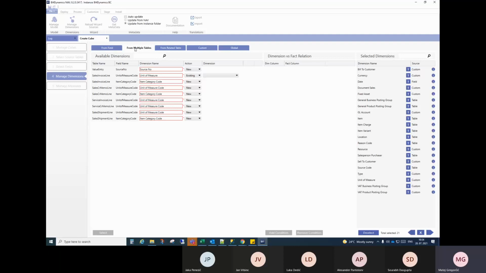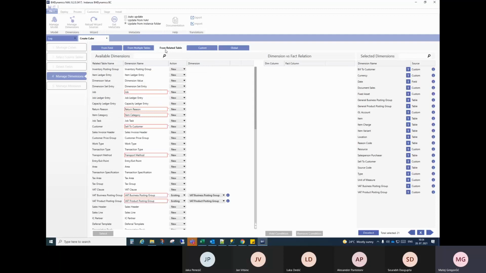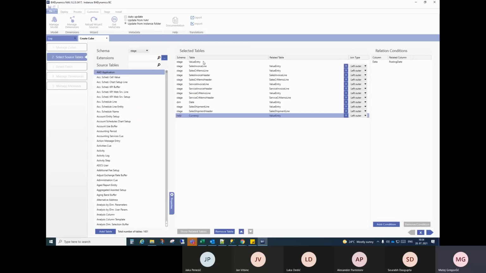We'll just skip that for now. The important thing here is from related table. Now, remember when we built a model here in select source tables, we selected a bunch of tables, but these are mostly transactional tables, not mostly, but all of them besides date and currency, so transactional tables.